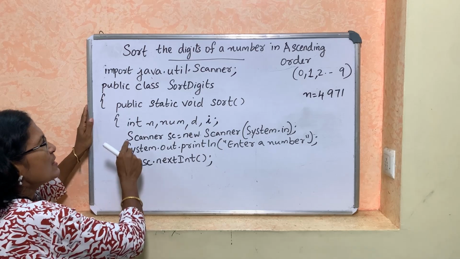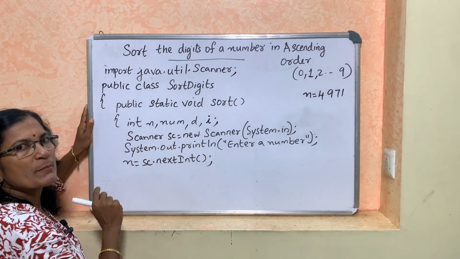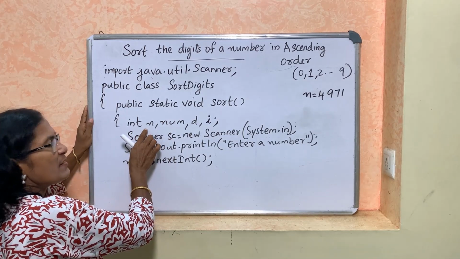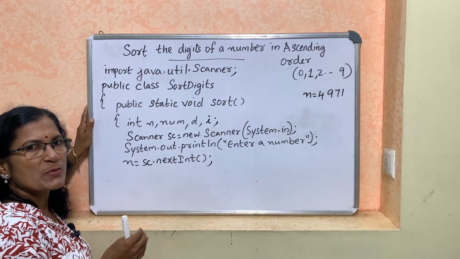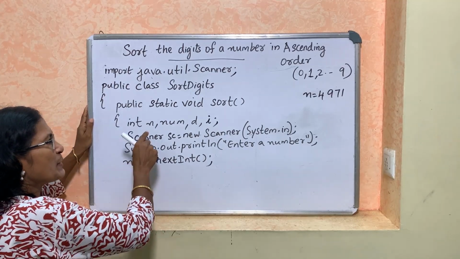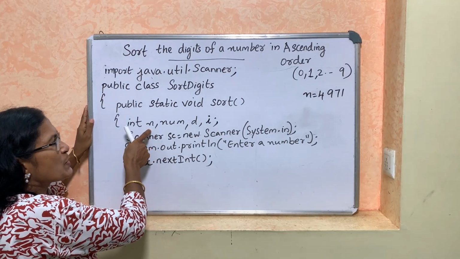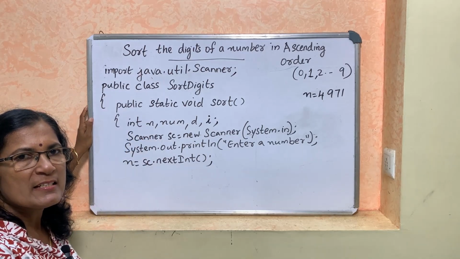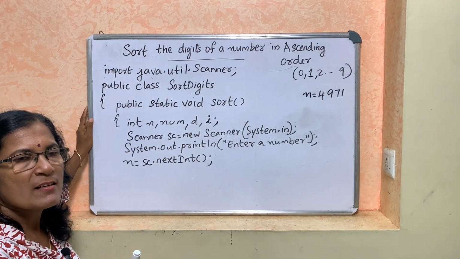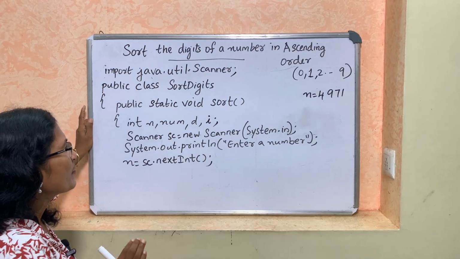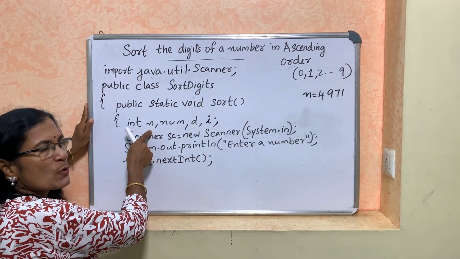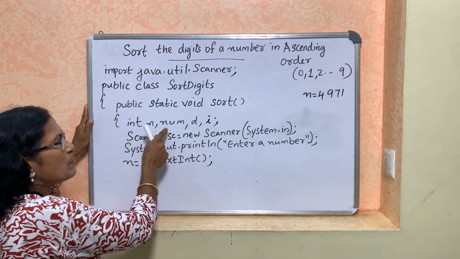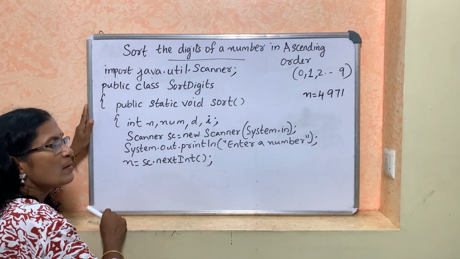Next line, variables are declared. Required number of variables are declared here. We need to accept the input from the user and store it in the memory location. For that, the variable n is used. As the digits of n are separated, extracted, n will become 0. So, to store the initial original number, one more variable is declared, num.